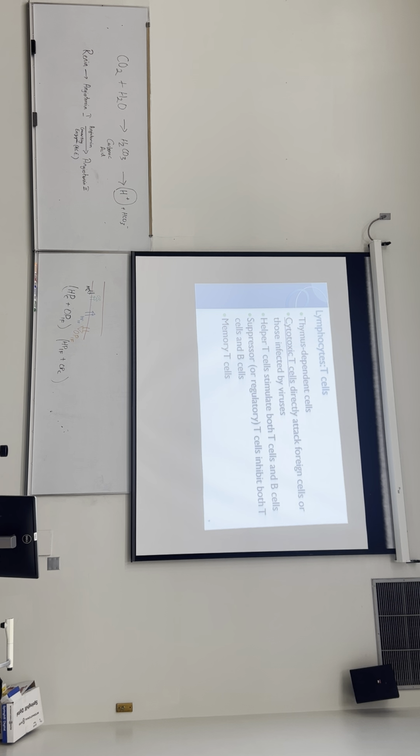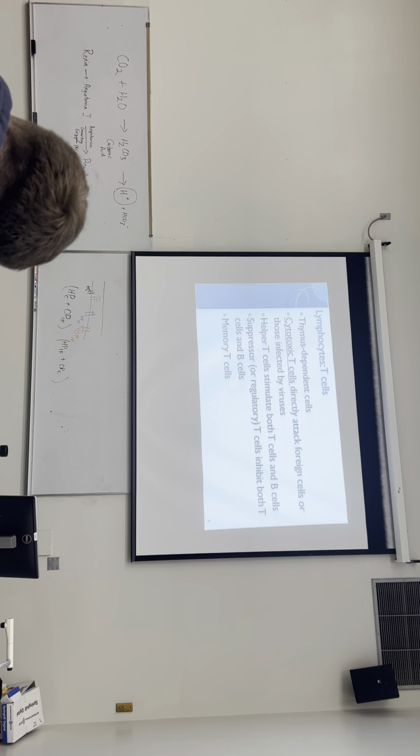Does anyone know the other name by which we refer to the T helper cells? It's a short symbol, but it's not 3 letters. So, CD4 count, that's for T helper cells, right?